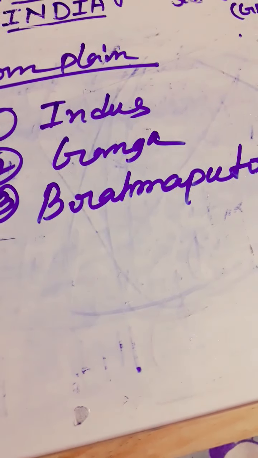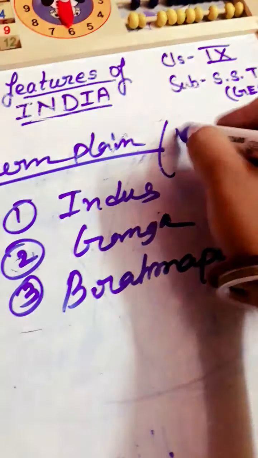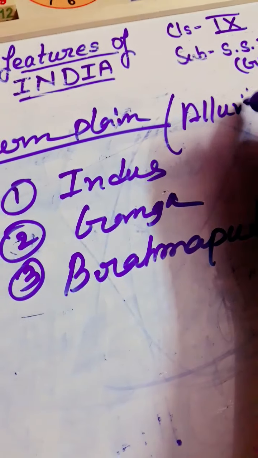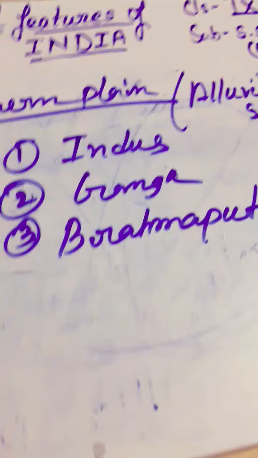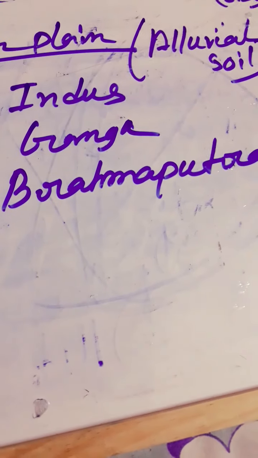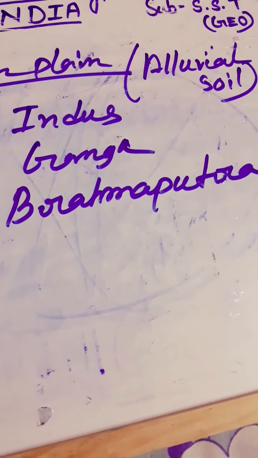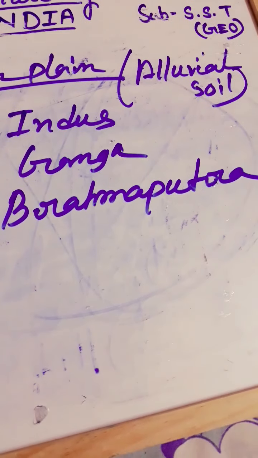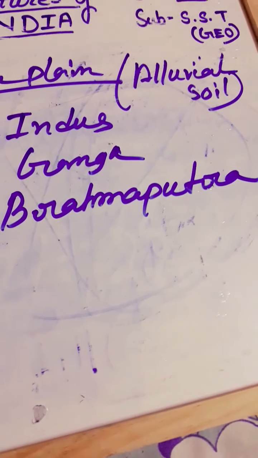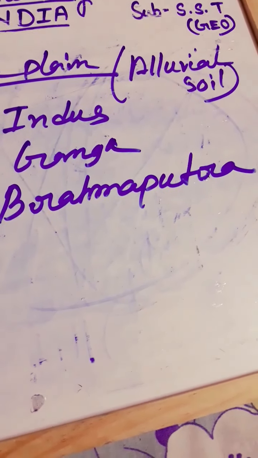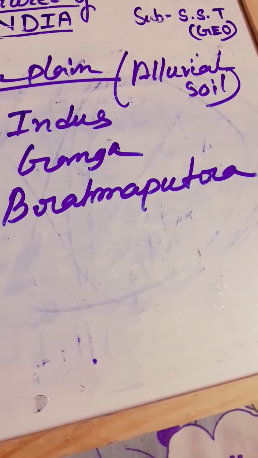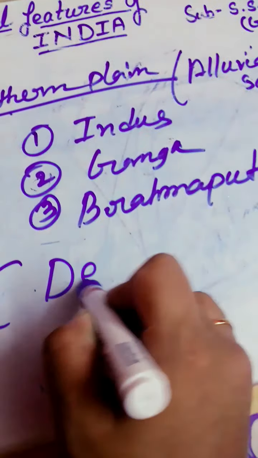This plain is formed of alluvial soil, and I have already discussed alluvium and alluvial. This portion was formed over 1 million years ago. Formed of this fertile plain, it spreads over an area of 7 lakh square kilometers, and it is a densely populated physiographic division.